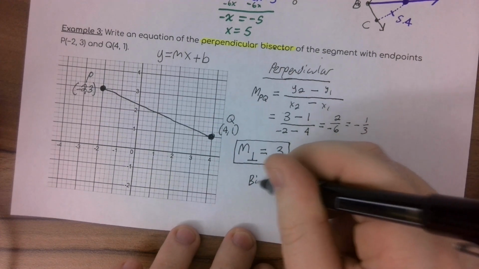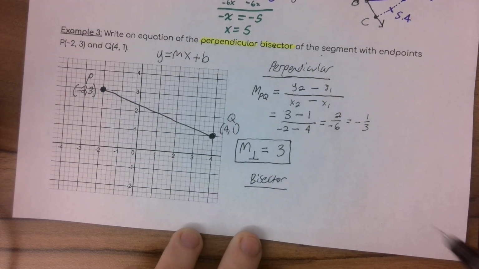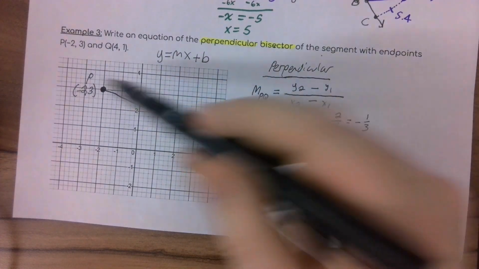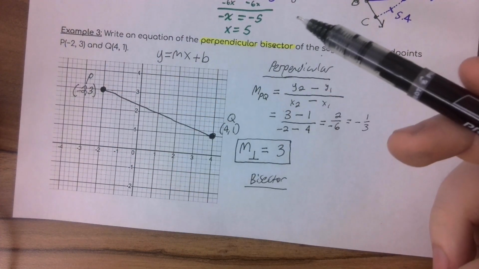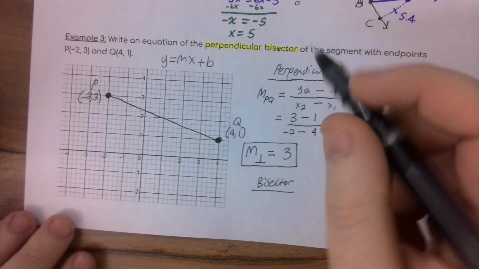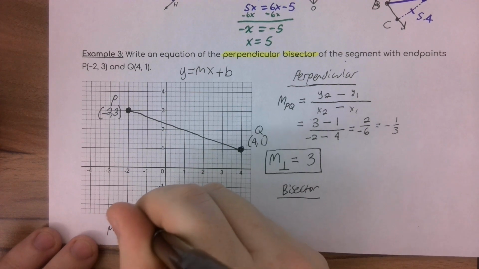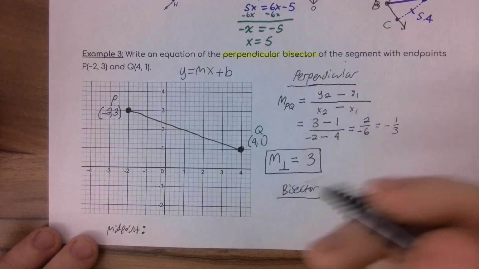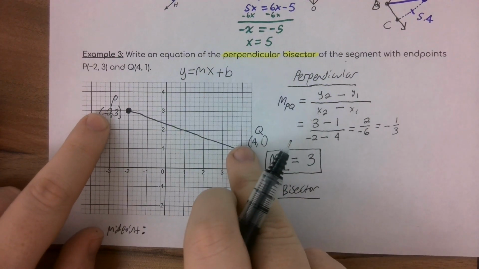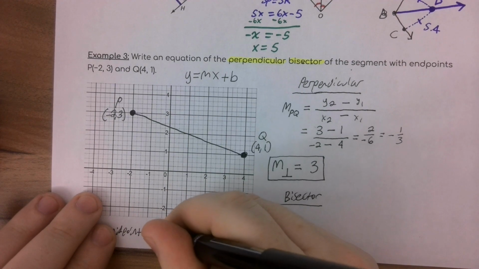So let's take a look at what it means to be a bisector, and let's see if we can find that bisector. Since the bisector has to cross through the halfway point of these two, we can use a formula that we haven't used in a long time, the midpoint formula. The midpoint of any 2 points can be found by finding the average of their x values and the average of their y values.